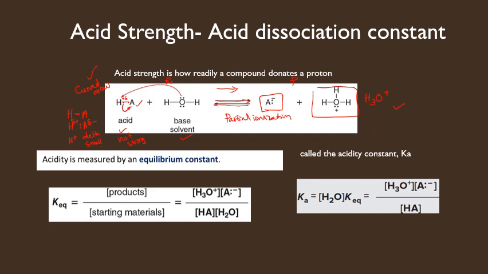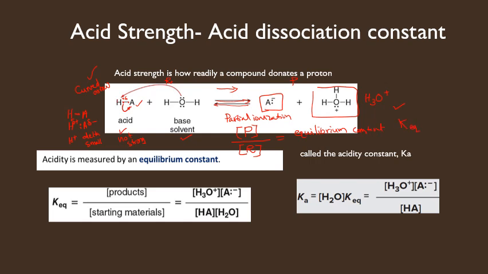So what we will do is look at the ratio: how much product is formed, the concentration of the product, divided by the concentration of the reactant. We take the ratio. Remember, we call that the equilibrium constant, which is expressed as Keq.